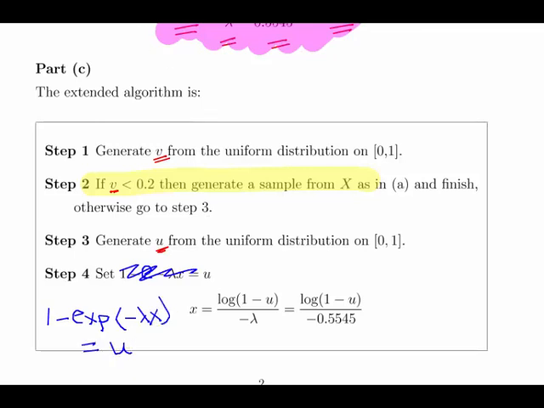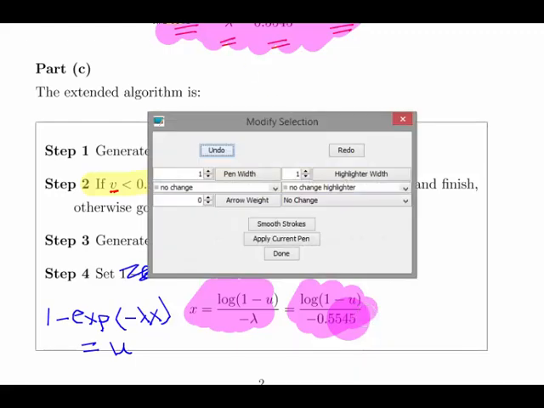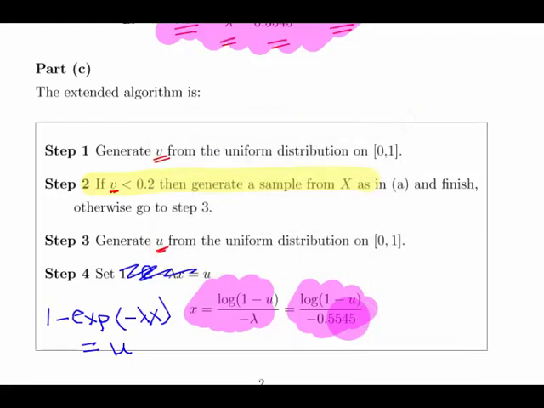We rearrange that such that x equals the log of 1 minus u over minus lambda, and then just solve. Just use the value of lambda that we calculated previously. Just be mindful of the fact that that's a minus lambda, not a lambda. Okay, that really finishes this up.